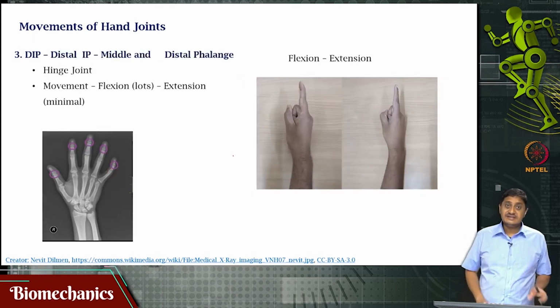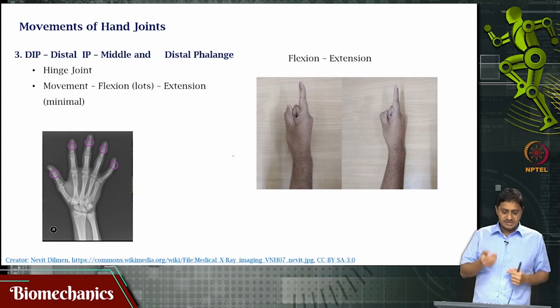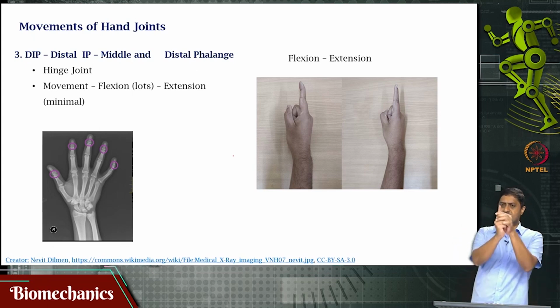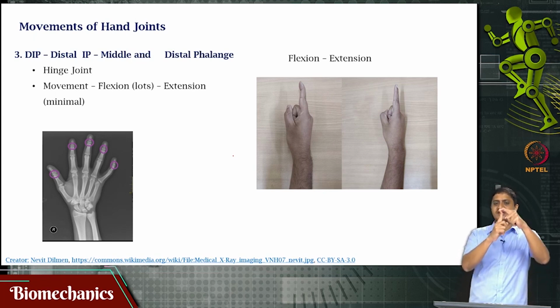Then you have the distal interphalangeal joint. These are these joints, right. In these joints, again this is a hinge joint. It is quite difficult to demonstrate this flexion, but you can observe I can perform minimal flexion like that and extension. One thing that is possible in the DIP joint, but not in the PIP joint, is this sort of hyperextension.